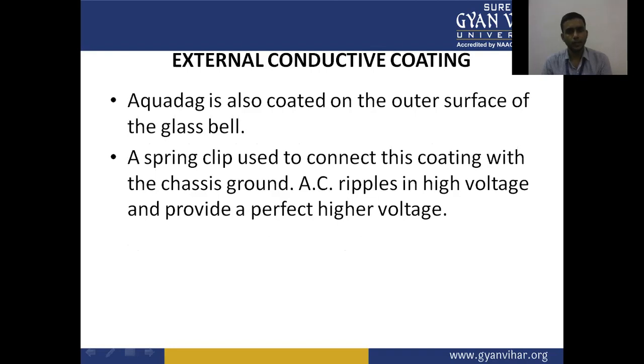External conductive coating: the aquadag is also coated on the outer surface of the glass bulb. A spring clip is used to connect this coating with the chassis ground. It filters AC ripples in the high voltage and provides a perfect higher voltage.